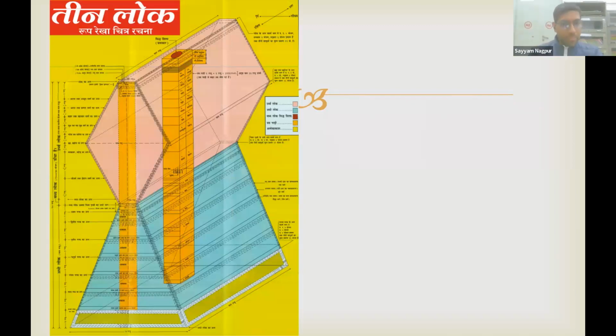Sorry. So this is where I'm showing you a little picture of 3 worlds, Teen Lok, it is called. The pinker version of the whole diagram is Urdhva Lok, which is the upper world, mentioned in 4th Adhyay. Then this is Adholok, which is in bluish, sky bluish color. This is called Adholok. Adholok means the below world, down world, or whatever you want to call.